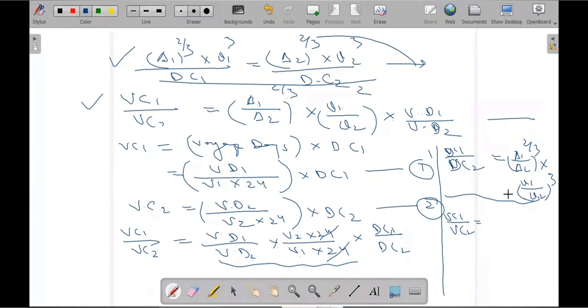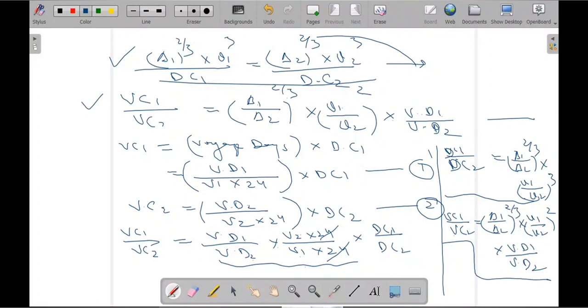So we will be left with delta 1 by delta 2 to the power 2 by 3 into, so this will cancel and we will have V1 by V2 square multiplied by voyage distance 1 over voyage distance 2. This is what I will get finally as the relationship for voyage consumption.